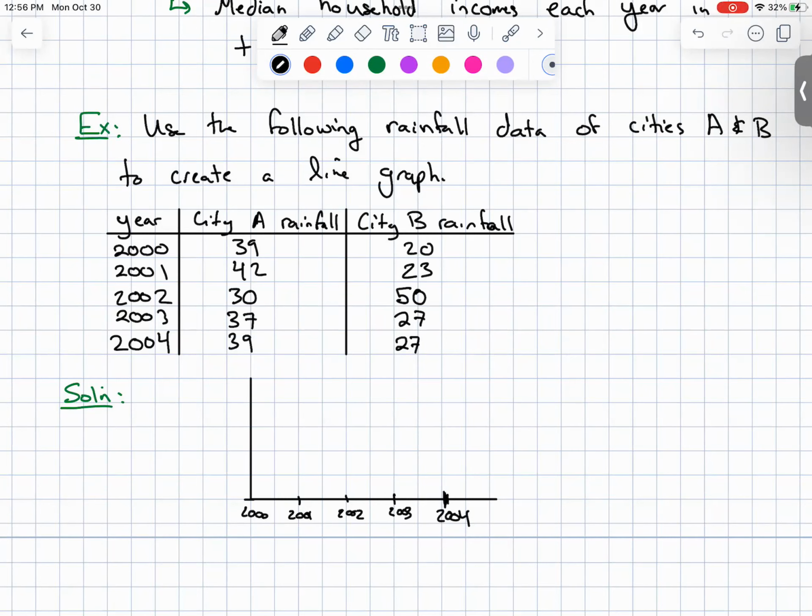I think that should be fine. So inches of rainfall on the vertical axis, time on the x-axis or the horizontal axis. And so we just plot the points. I'll let you draw the graph and then we'll go from there.